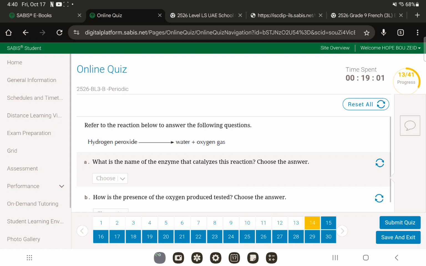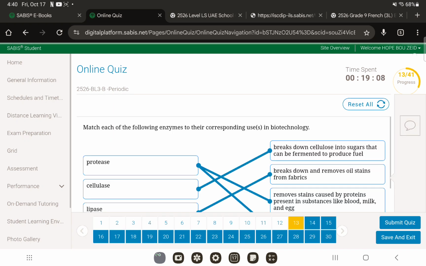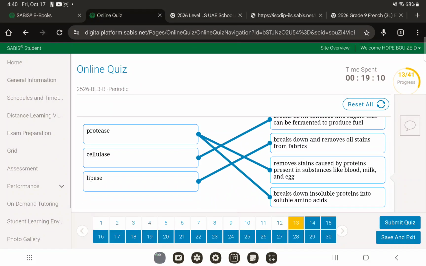So yeah, what is the name of the enzyme? Oh, and sorry, I forgot to explain it. Protease is used in biodetergents to break down proteins or stains caused by proteins into soluble amino acids, so that water can wash them away.